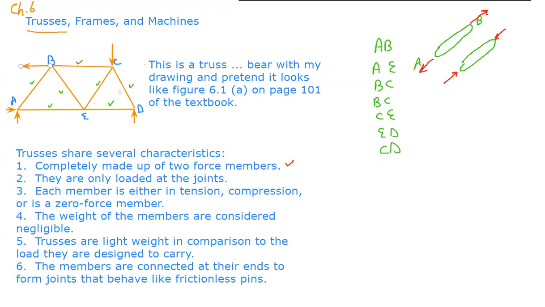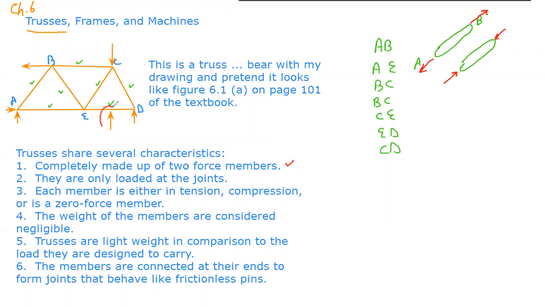What you will not see, so if you're taking notes, don't draw this on your picture, I'm going to draw it and then erase it. What you will not see is a force that is applied to a member not at a joint. So this force that I'm about to circle, I promise you I'm getting ready to circle it.